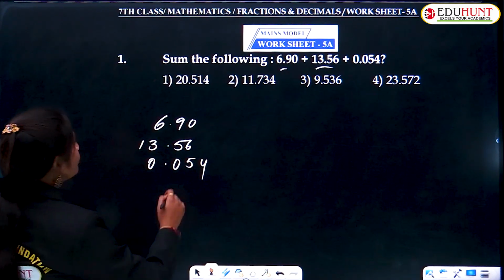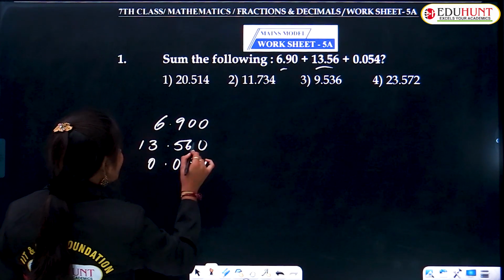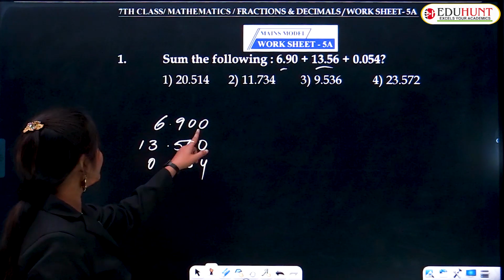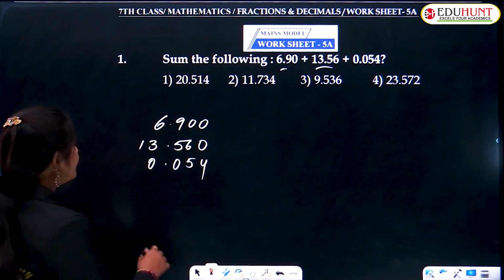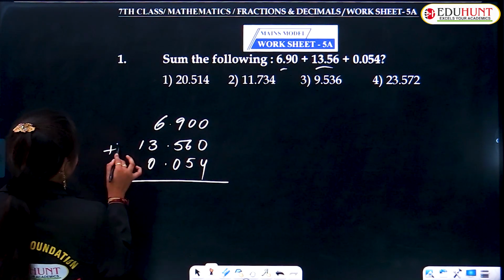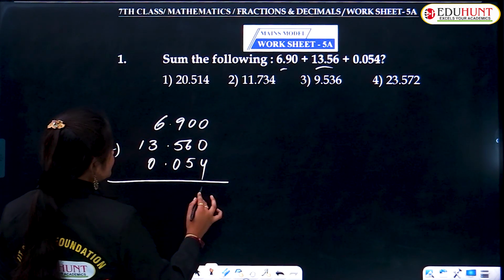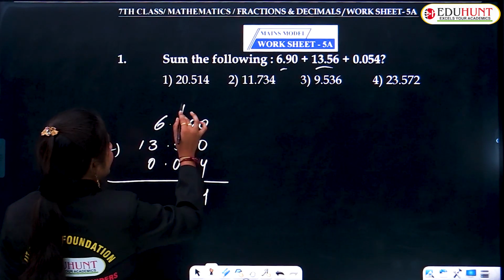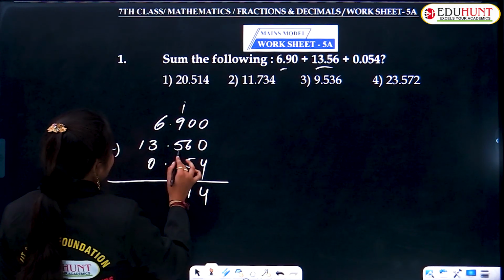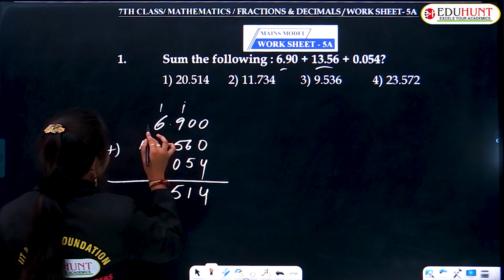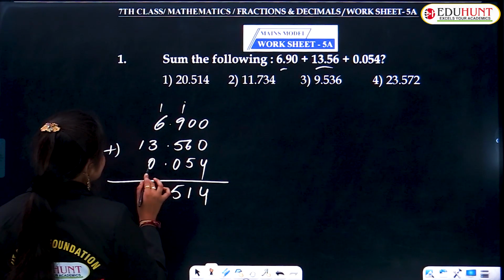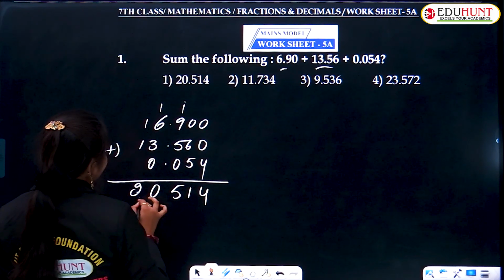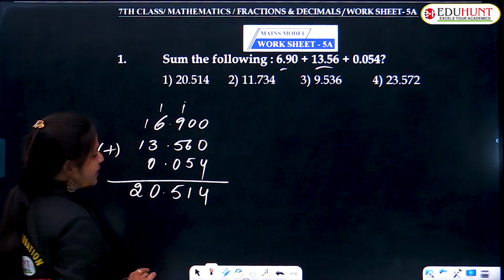That's why, to make the given decimals like decimals, we keep zeros. Now see the addition. 0 plus 0 plus 4 equals 4, 6 plus 5 is 11, 9 plus 1 is 10, 10 plus 5, 15, next 6 plus 3, 9, 9 plus 0, 9, 9 plus 1, 10, 2, 1 plus 1, 2, and here the point is there, so keep that point.